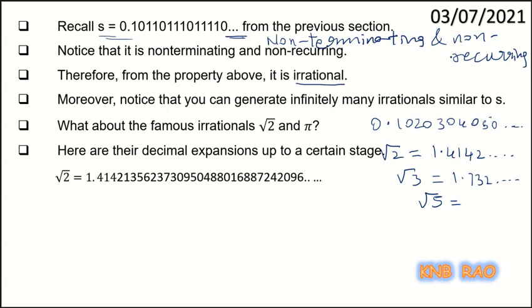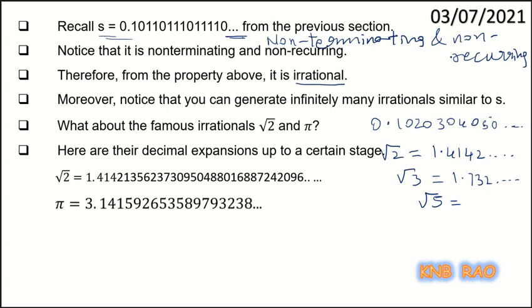If I continue that process of finding the square root of 2, it becomes very tedious physically, but using supercomputers, people have found the value of root 2 correct to hundreds of decimal places. Here, up to some stage, root 2 is 1.414213562373095048801688. Nowhere could you see repetition.